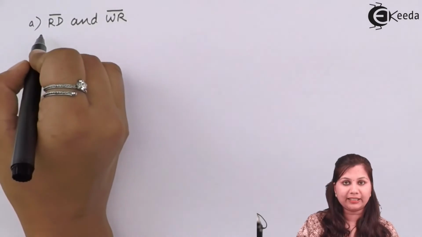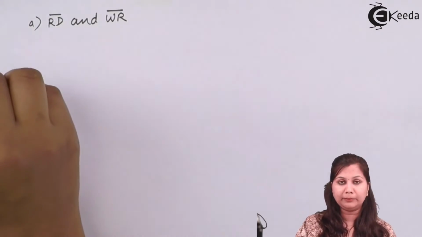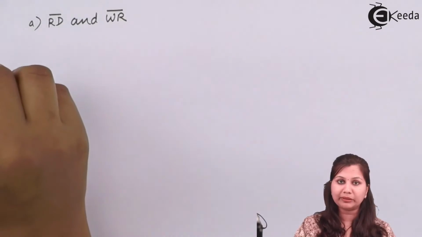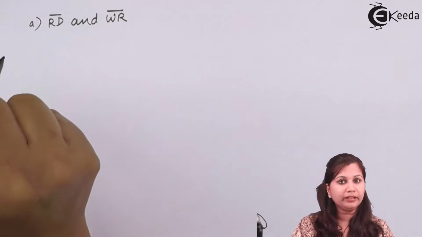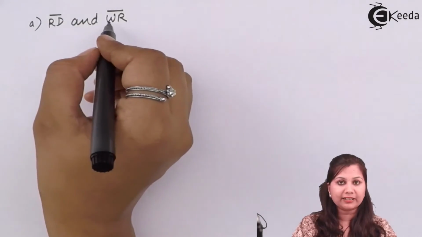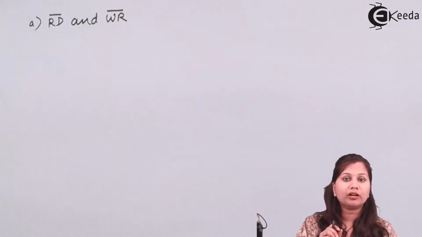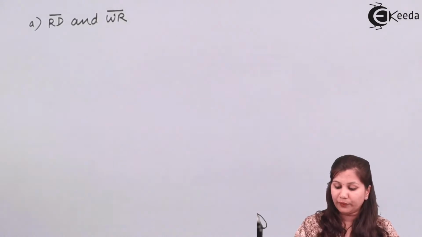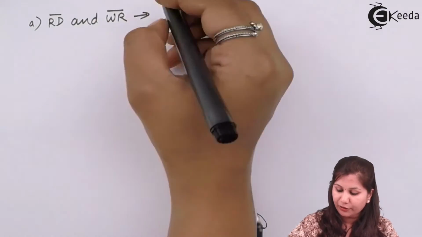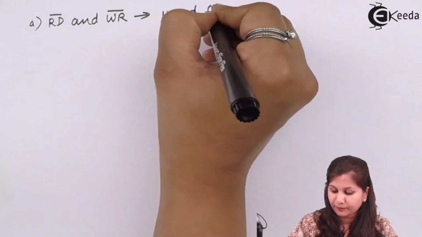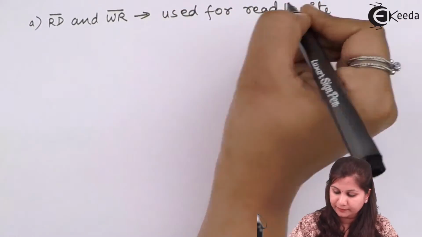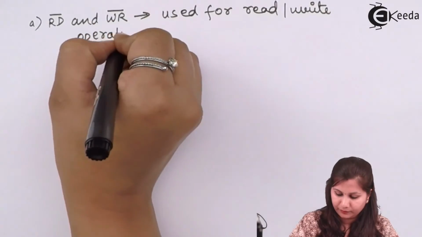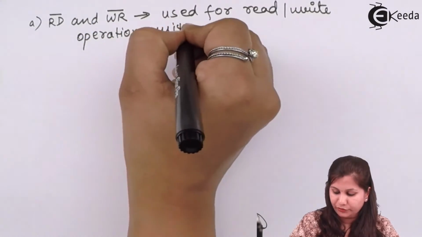When read is activated, the data available in the data buffer can be read by the microprocessor, or the status information can be read. If write is activated, then the command word or the control word will be written into the control register. So we can say that read and write are used for read and write operations with the three registers.